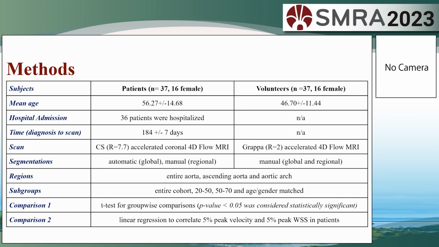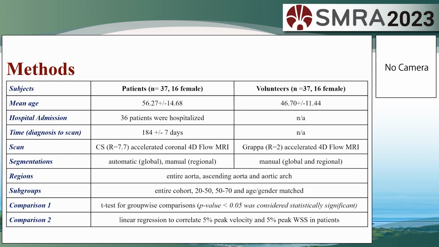The regions we measured the wall shear stress in were the entire aorta and also the ascending aorta, and we did the measurements on the aortic arch as well. And we did the comparisons between the entire group of the patients and volunteers, and also in the subgroups of specific age groups, such as 20 to 50, 50 to 70, and also an age and gender matched subgroup.